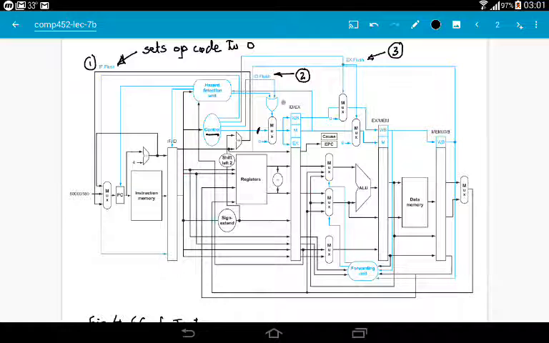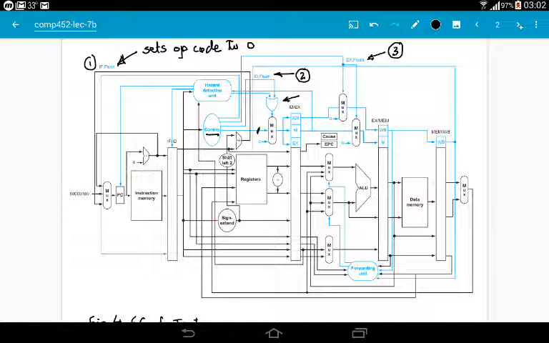Now see, we have an OR gate here. It ORs a signal coming out of the hazard detection unit with the other signal, ID flush, which is coming out of the controller. The signal from the hazard detection unit, if you remember, is asserted when a load instruction is followed by an instruction that uses the register written by the load word.